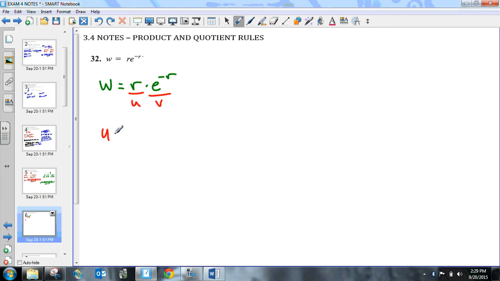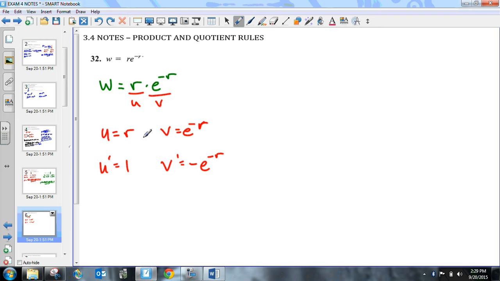So I've got u equal to r, and v equal to e to the negative r, not x. I want to find u prime, and the derivative of r is just 1. Then v prime: I've got e to the negative r, which has a coefficient in front of it, so I have to apply the rule we learned and write negative e to the negative r power.